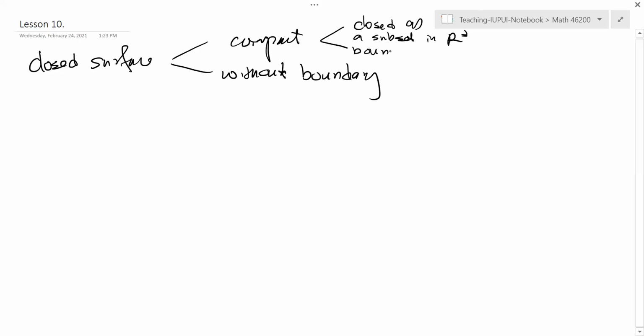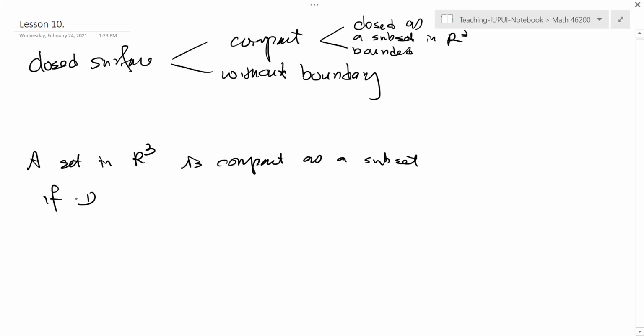Second, it's also bounded. Then as a subset, it's compact. Remember, a set in R3 is compact as a subset.